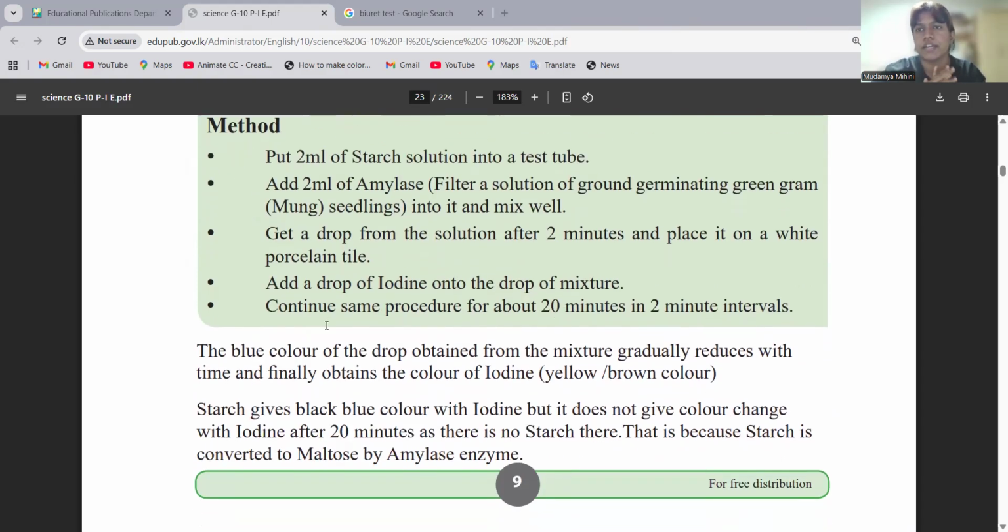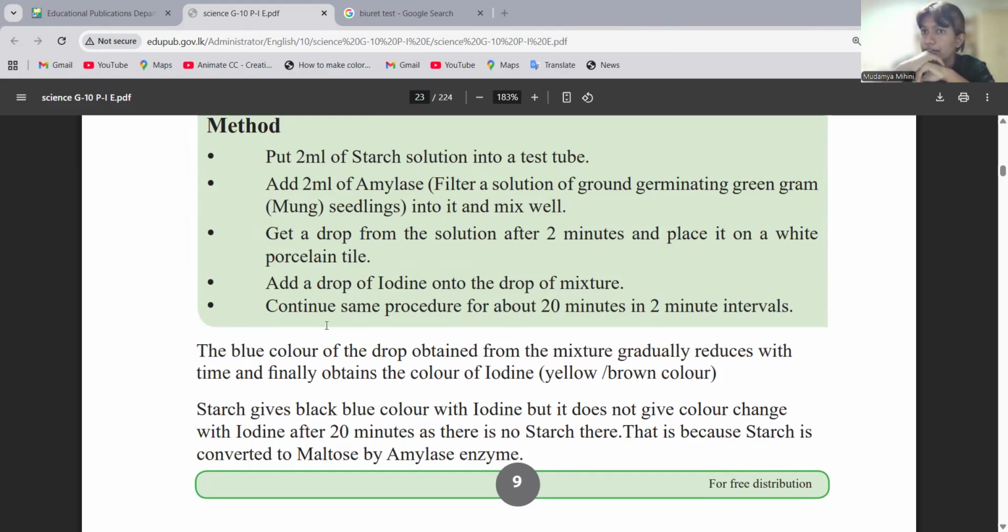So take the starch, add amylase into it and mix it well. After mixing it, we are gonna take a drop of this solution and keep it on a clear white tile. Why do we use this white tile? To observe the reactions clearly. We put the solution onto the white porcelain tile, and we use iodine because we use starch.